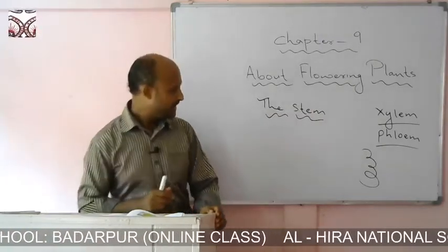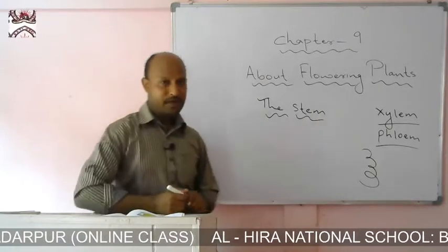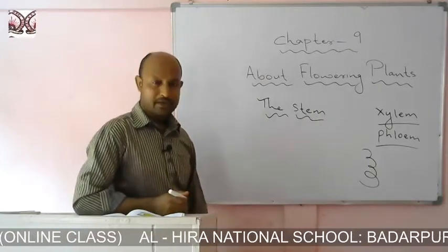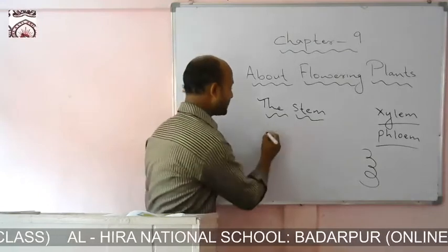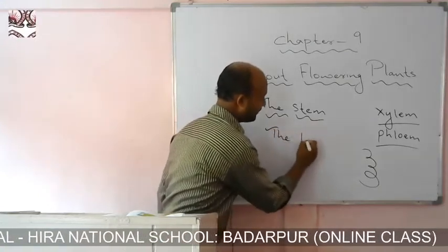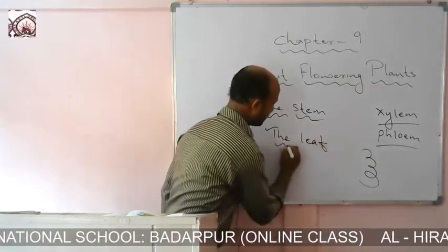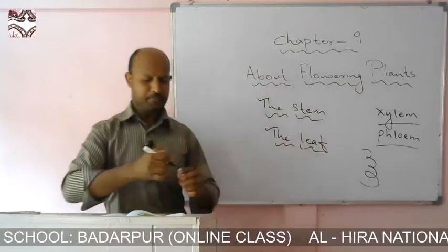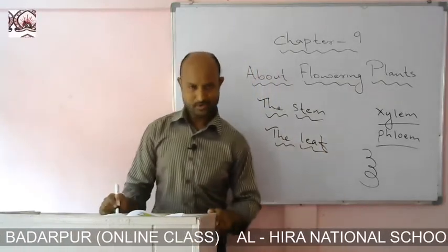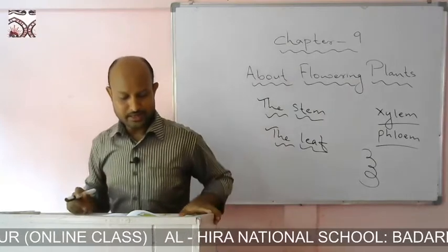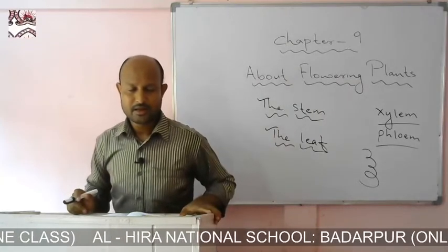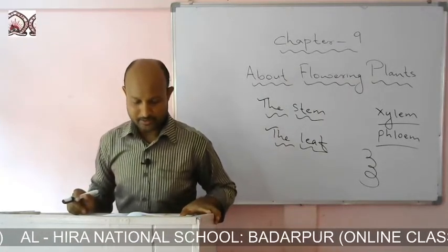And next, the other part of the plant that we find on the shoot is the leaf. Students, you all know that different plants have got different types of leaves. So we shall learn the different types of leaves here.